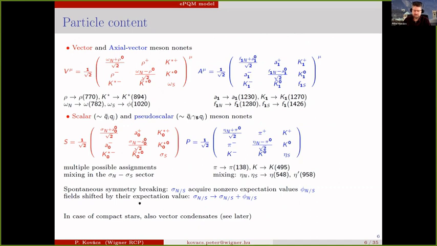We shift the fields with this expectation value, and then we can calculate the various masses and decay widths of the model. Besides this expectation value, when we investigate, for instance, compact stars, we will also have vector condensates, but I am going to talk about this a little bit later.